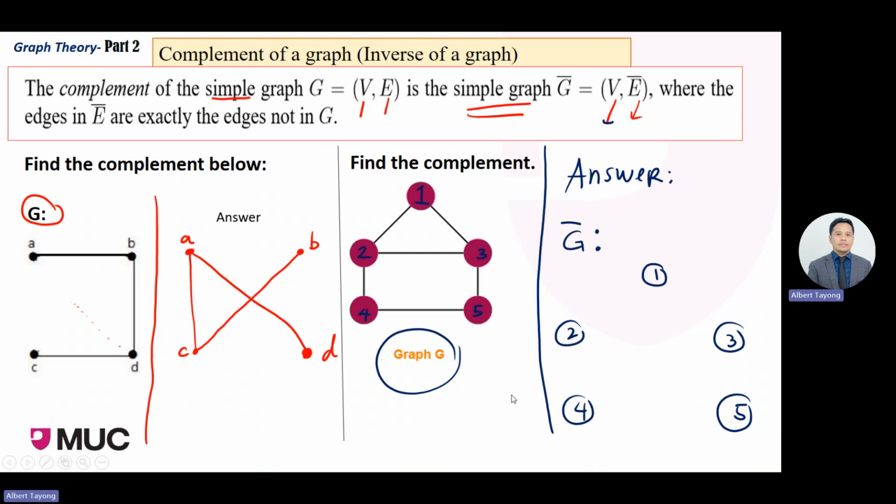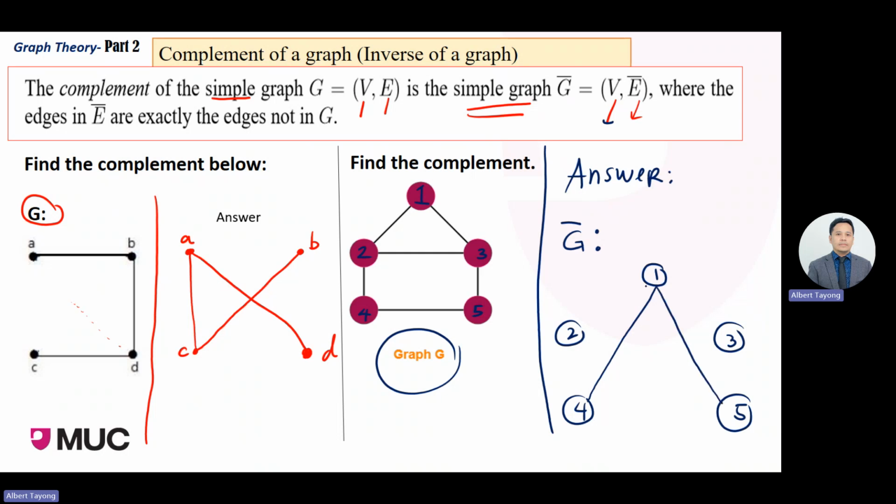As you can see, 1 is adjacent to 2 and 3. The opposite is 4 and 5, because there is no direct connection between 1 to 4 and 1 to 5. So we have to draw that. Okay, and 1 to 5.